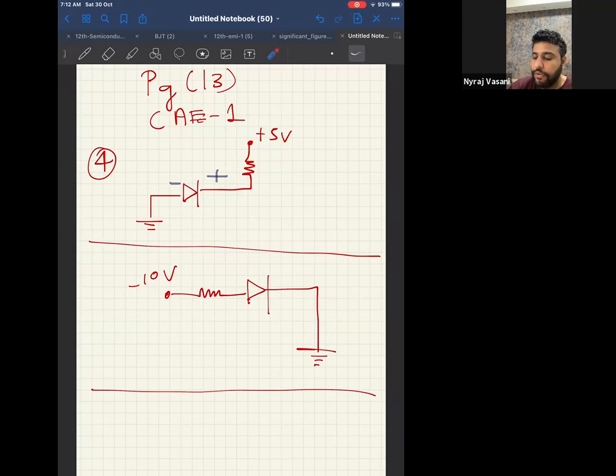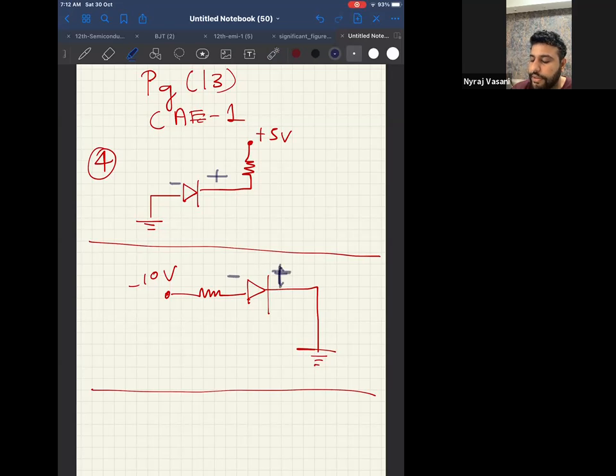For the next diode, this is minus 10 volt and this is 0, correct? Because grounding is 0. Between minus 10 and 0, which is more positive? 0 is more positive. Therefore, 0 will get a positive sign and minus 10 will get a negative sign.